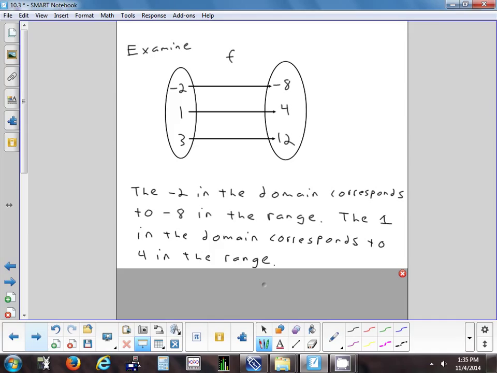Right now, we haven't known what any of the formulas are. But does anybody see the pattern? What you can do to 1 to make it a 4, same thing you can do to 3 to make it a 12. Yeah, the pattern here is we're timesing by 4.